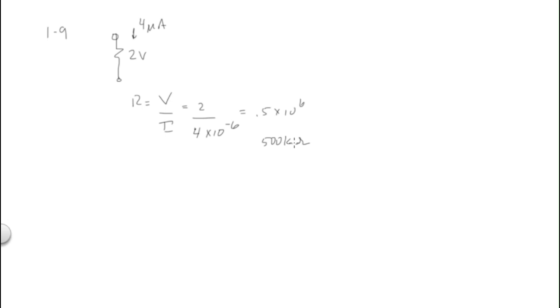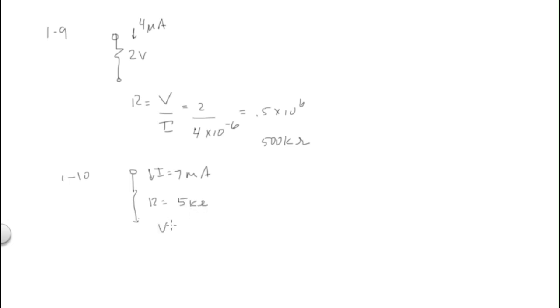Okay. 1-4B, what's the unknown? Find the voltage across the resistance of that one. So here we've got for 1-10, we have a resistor and we have a current. We have an I of 7 milliamps and we have a resistor of 5 K ohms.